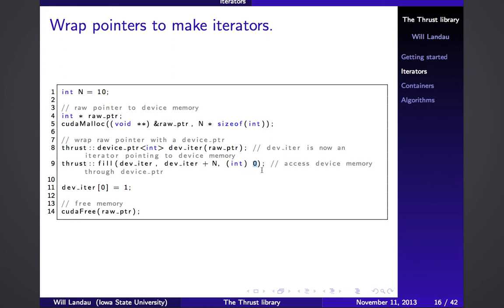The advantage of encapsulating that pointer in an iterator is that I can do this without having to do a CUDA memcopy, or even more cumbersome, make a kernel to access that pointer which points to memory on the GPU. I can just use thrust fill, which is much easier.